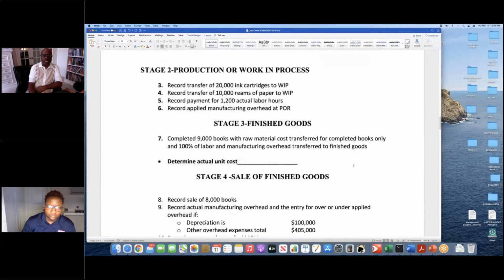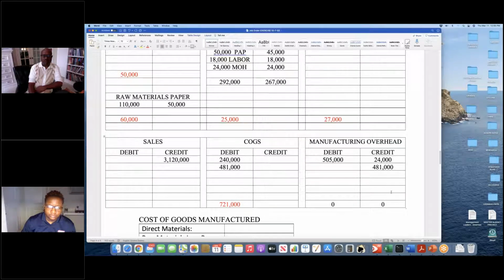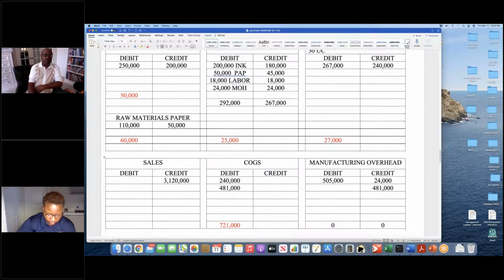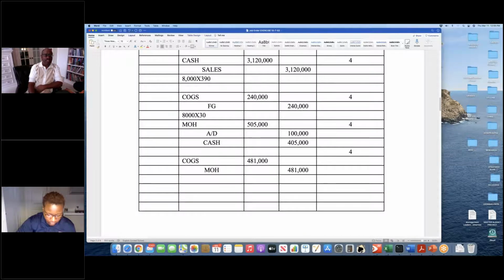So if these numbers were reversed, if the 24,000 was over here and 505 was over here, then we'd have to debit the account, whatever it's going to take to make this account 0. So these are the accounts: you either debit COGS and credit MOH, or you debit MOH and credit COGS.